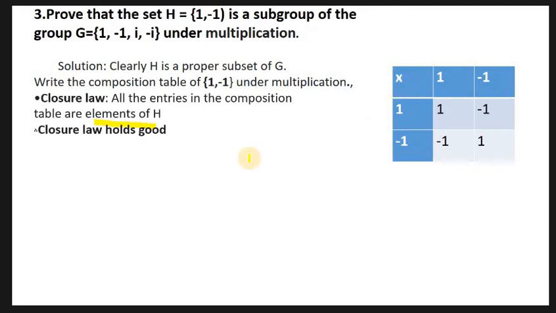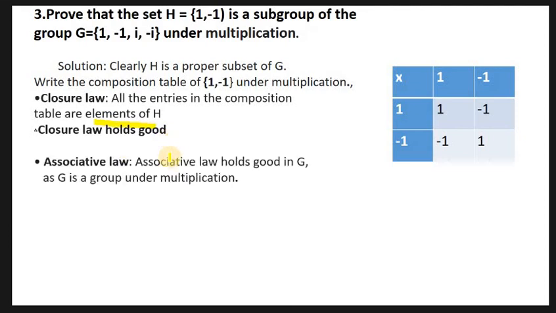Then associative law. See, similarly to the previous problem, in order to show H is a subgroup, first we will have to prove that H itself is a group with respect to the same binary operation, multiplication. So the first law, that is closure, we have proved. Then the associative law.